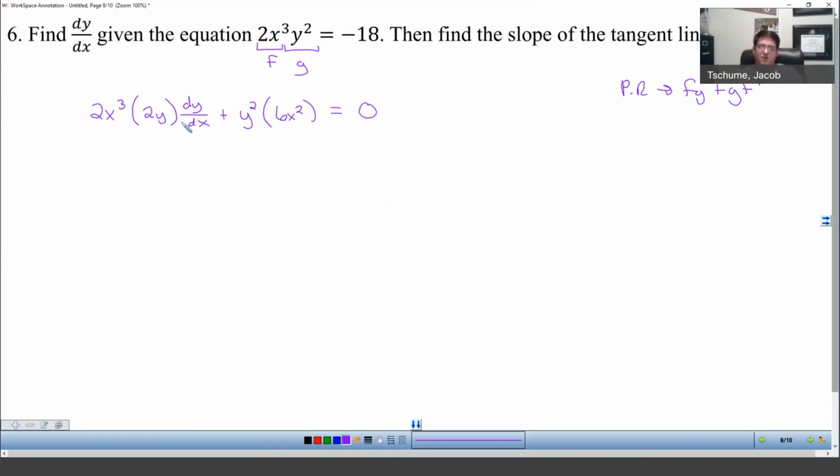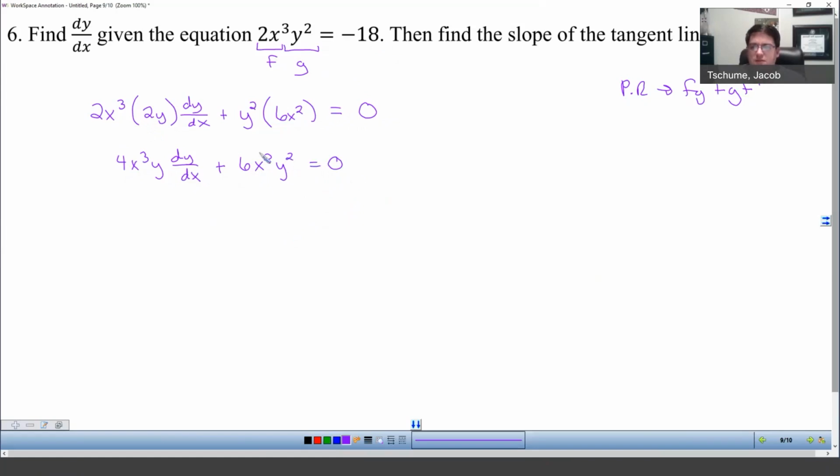So I've got to get this dy/dx by itself, so let's clean this up a bit. This would be 4x cubed y times dy/dx plus 6x squared y squared equals 0.